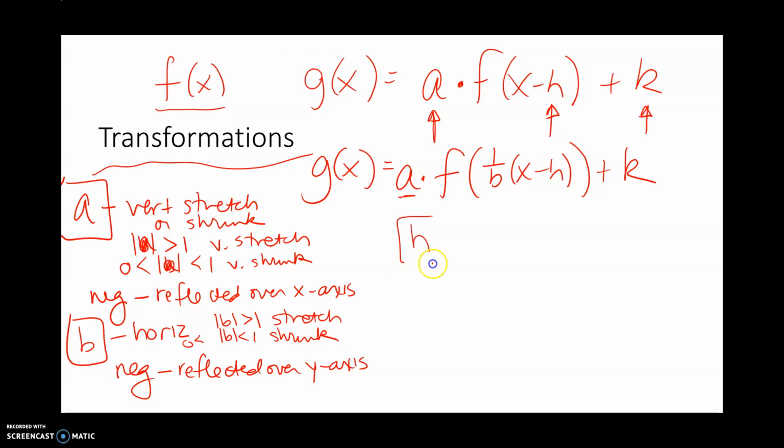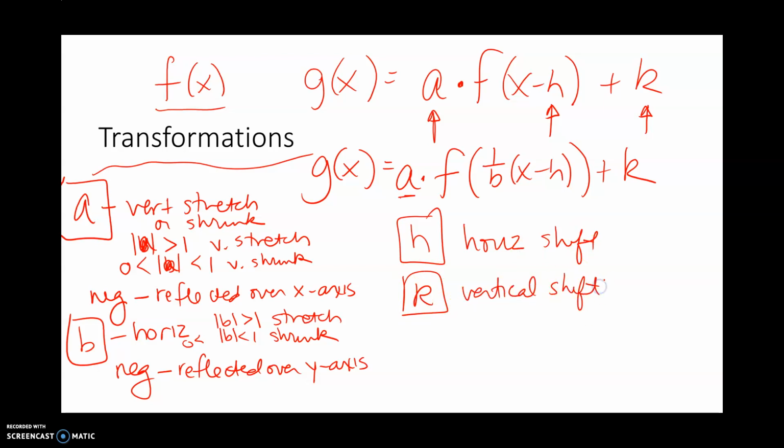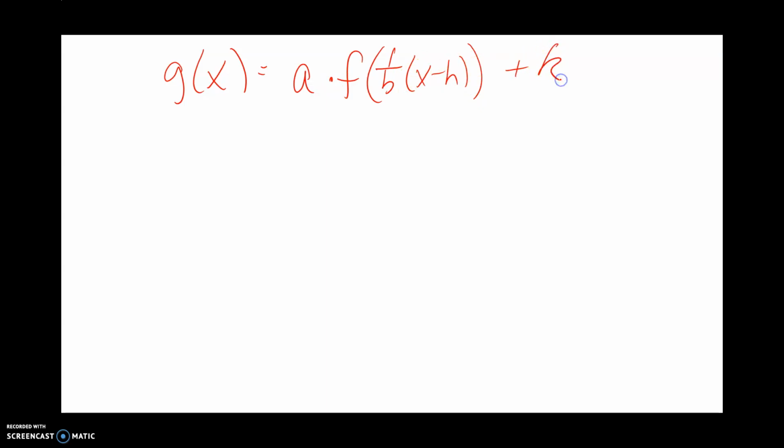Then h was our horizontal shift, right? k was any vertical shift. So when we were describing transformations, let's do our general one again up here. a times f of 1 over b x minus h, plus k.